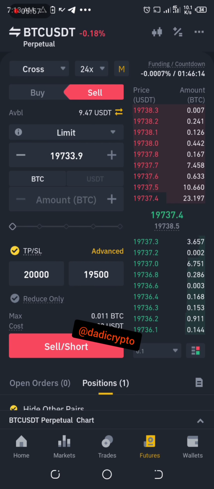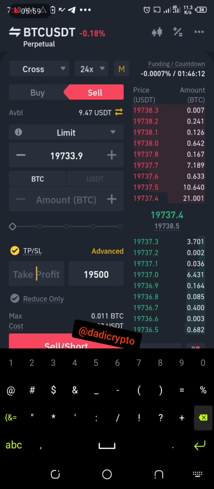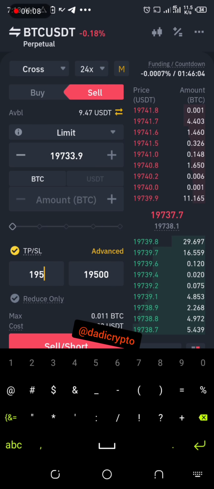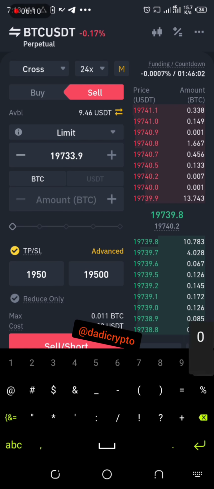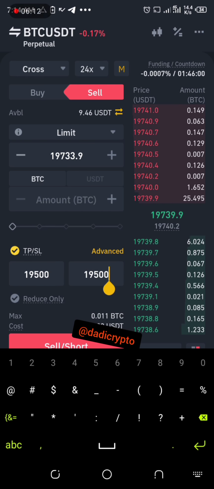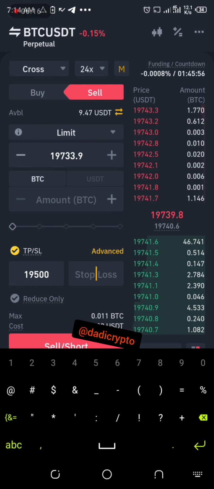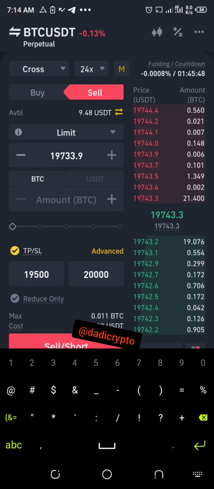You put the same plan. Because you are selling and predicting it is going down, you put your take profit in the lower part, that's 19,500, and you can put your stop loss at, let's say, 20,000. So this way you make money.